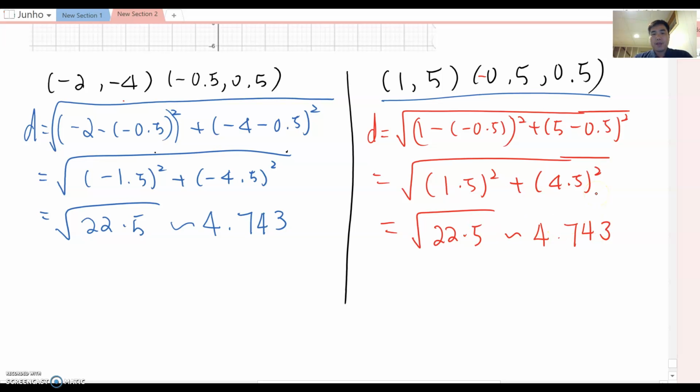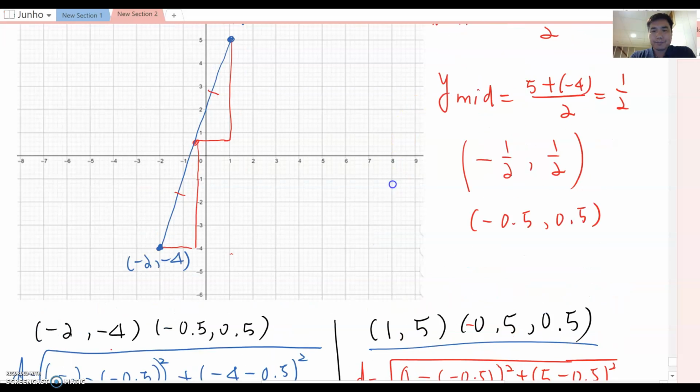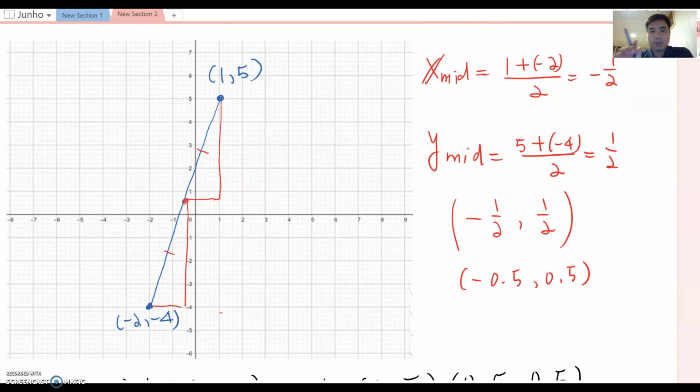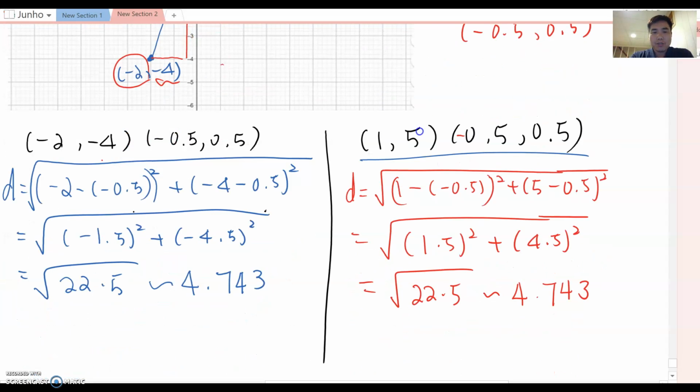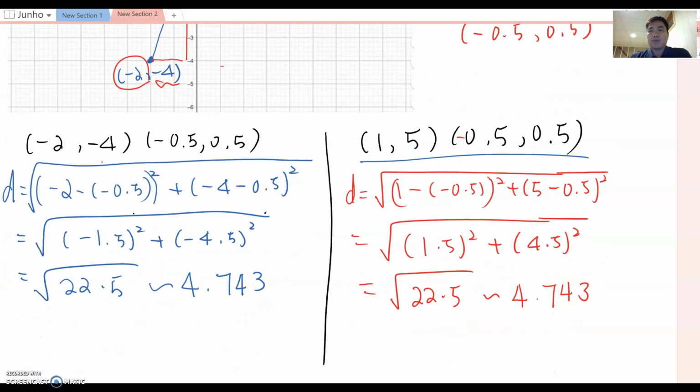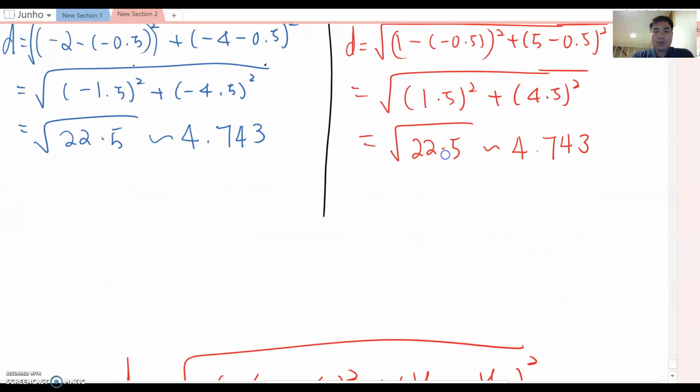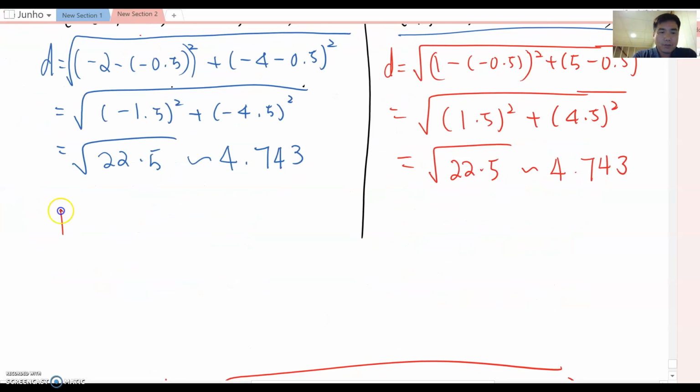So as you see, we just go back to what we did here. Finding the midpoint, we try to find the average between the 2 x values to make the x coordinate, and the 2 y values to make the y coordinate. And as a result, we double checked with the distance here, so it is the correct formula. Therefore, now we can finalize the midpoint formula.